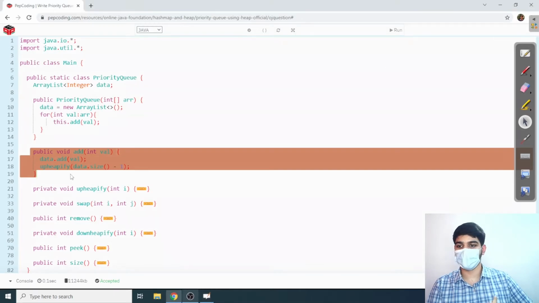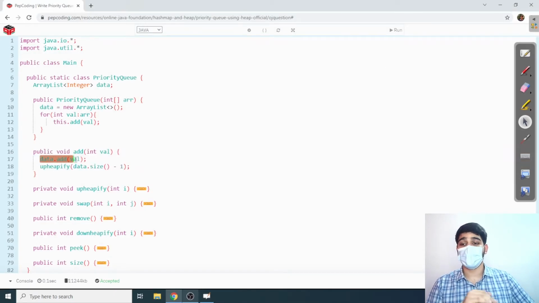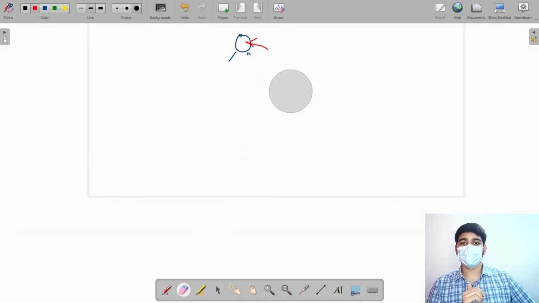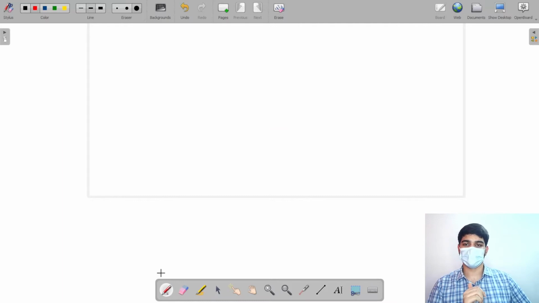If we look over here, the add function adds the value in the data array list at the very end, and then calls the up-heapify function with the last index. So doing this for each and every value in the array would result in a higher complexity of n log n.